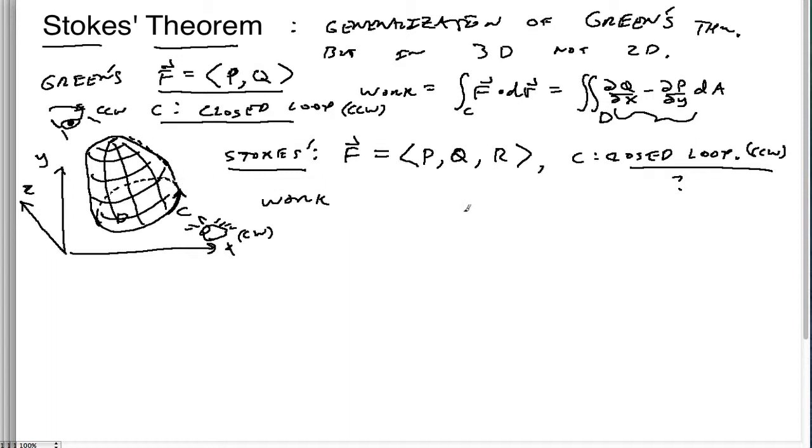So what we have to do is have a notion that the surface, which we'll call S, is orientable. Which means that we can define a normal vector that points outward from it, and there's no ambiguity about which side we're on. It means that it has 2 distinct sides.